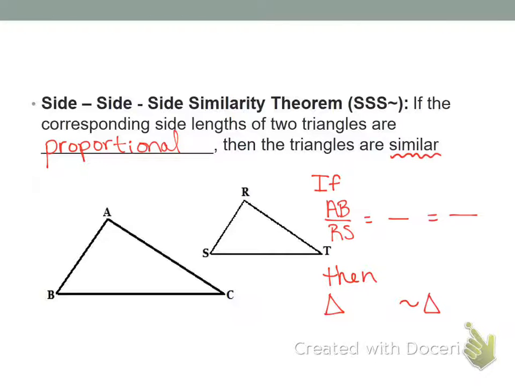If AB to RS is equal to, let's go BC to ST is proportional to AC to RT. If that's true, all the side ratios are proportional to each other, or the ratios are equal, sides are proportional, then we can say that triangle ABC is similar to triangle RST.